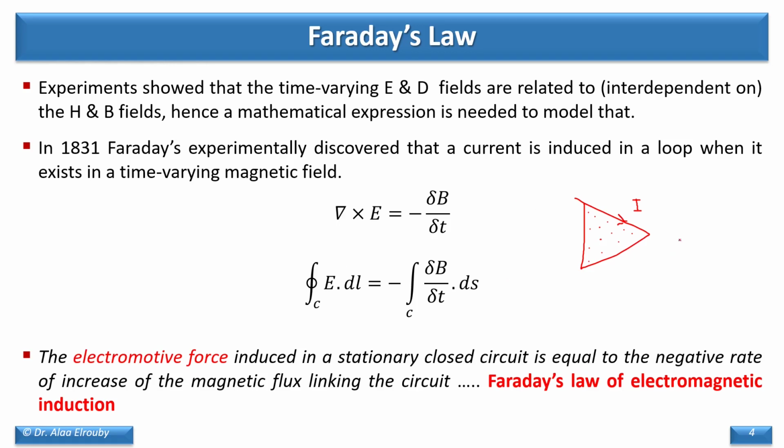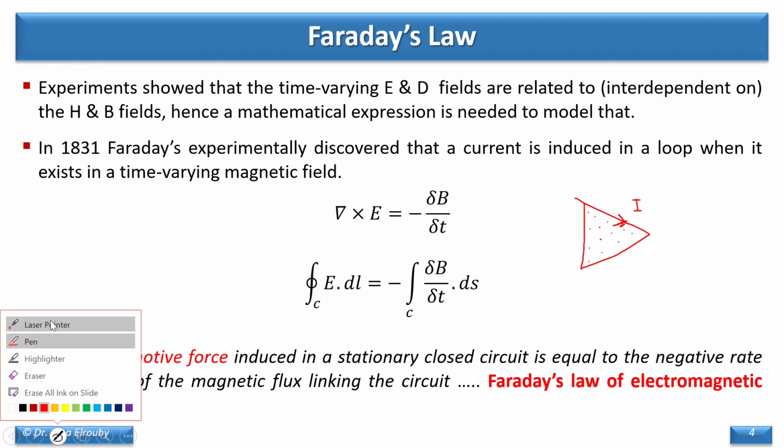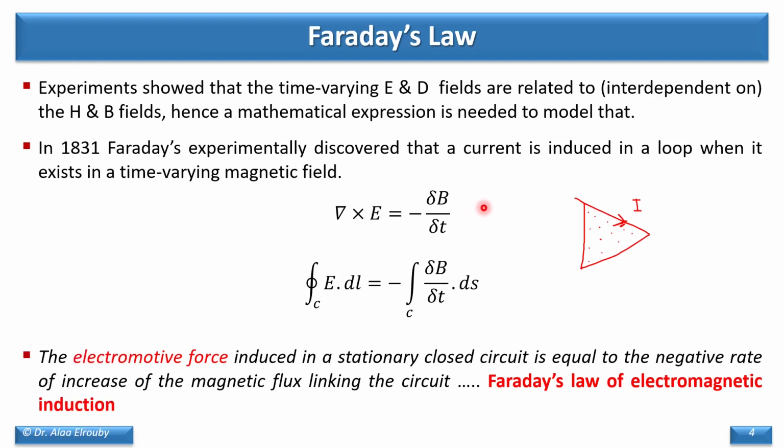The relationship between those two quantities is expressed here in differential form, curl of E equals minus partial B partial t. Note that this relation is consistent with the static case, which means if there is no time dependence, the right hand side will be 0.